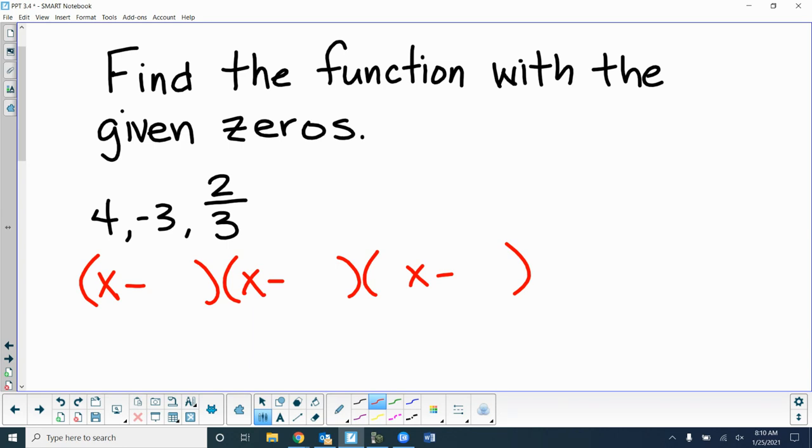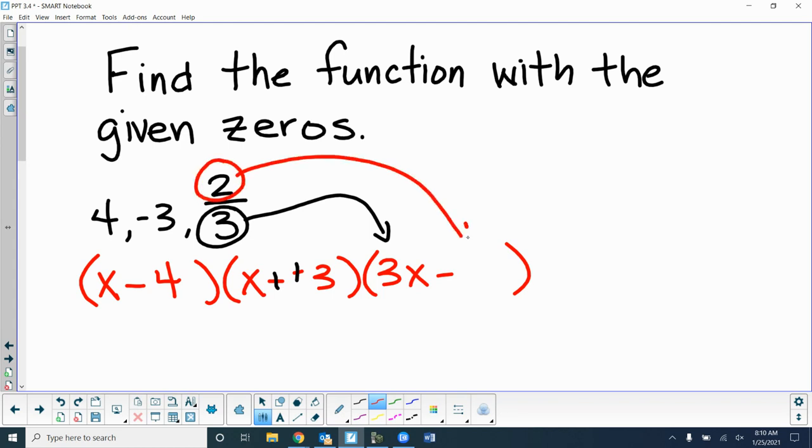So 4, negative 3, but what is minus a negative 3? What are you going to change it to? You're going to change it to addition, right? Now, when it's a fraction like this, the denominator goes in front of the x, and the numerator goes after the minus. That way you won't have fractions when you do it.